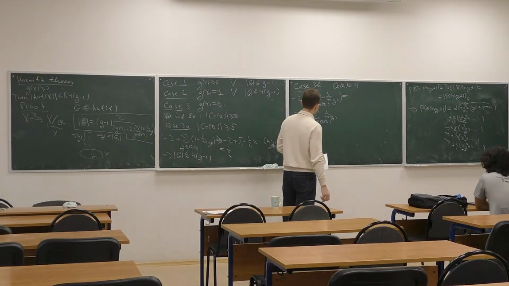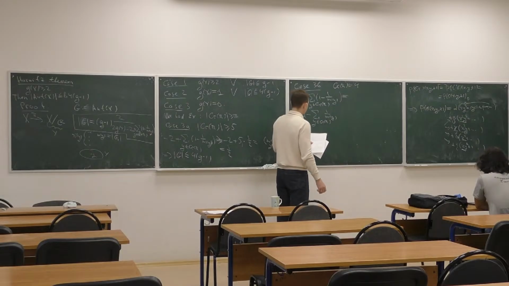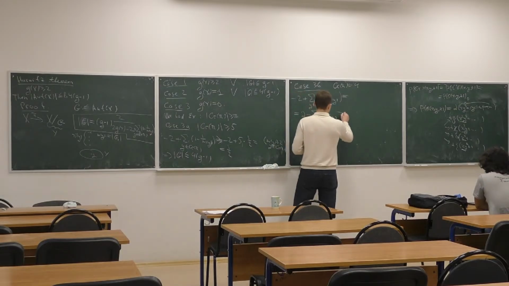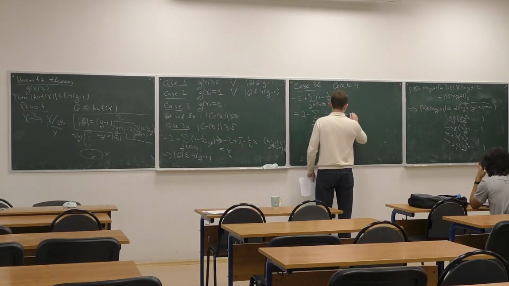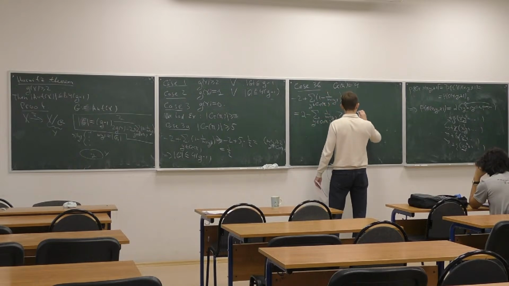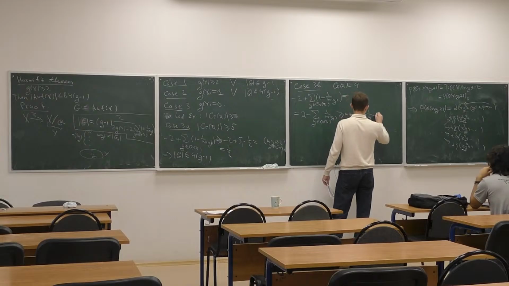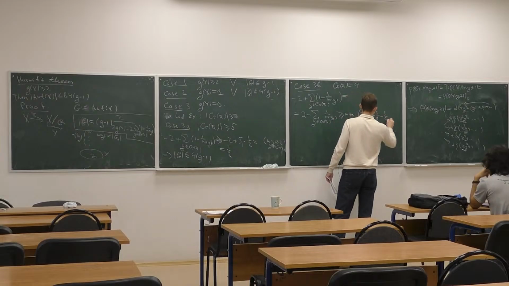But then you can try to find the minimum as follows. So this is the minimum of 2 minus 1/a minus 1/b minus 1/c minus 1/d.